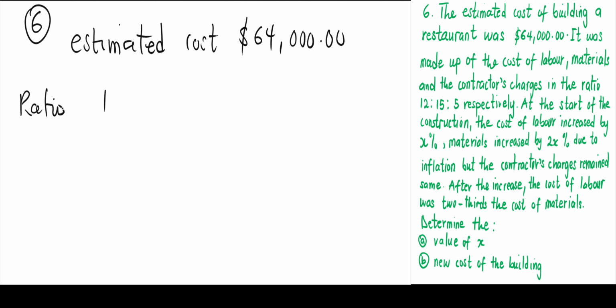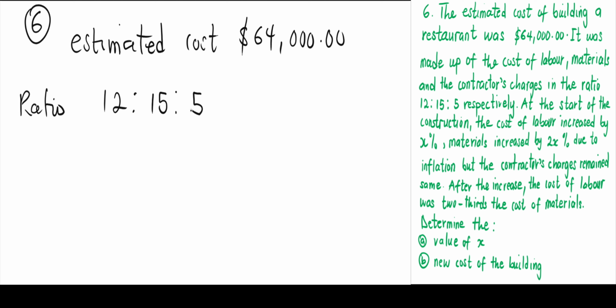So the ratio is 12 to 15 to 5. Now you could see that it is stated that it was made up of the cost of labor, materials, and the contractors' charges in the ratio 12 to 15 to 5.